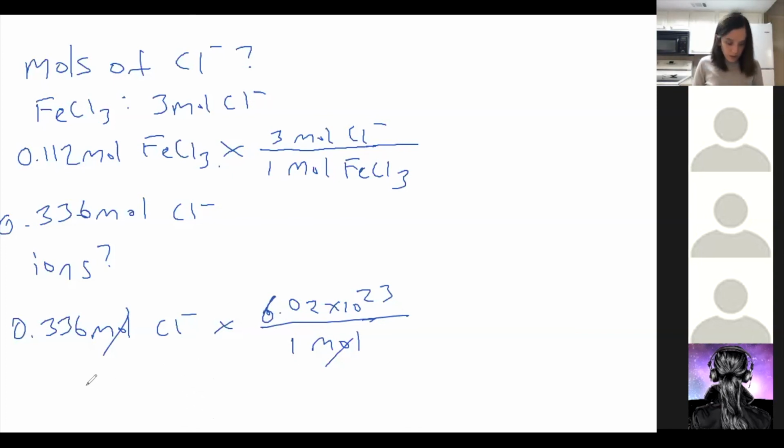And that will give us 2.02 times 10 to the 23rd ions of Cl minus.